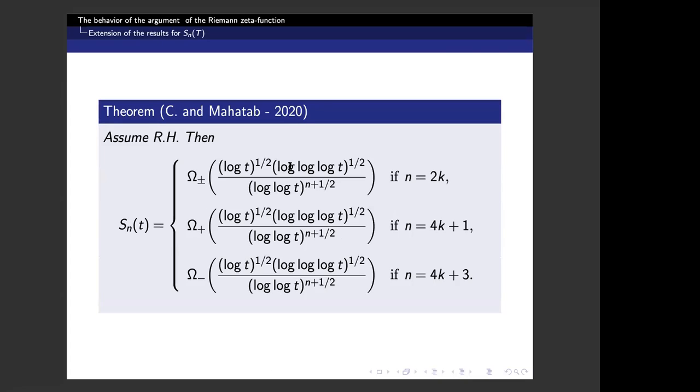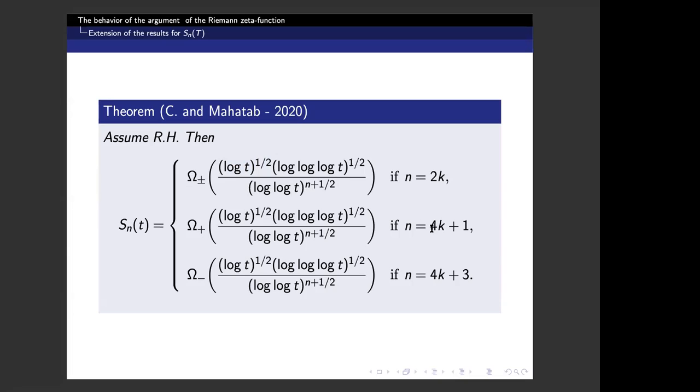And using this kernel that we obtained with Mahatat, we can extend our result for all S_n. So when n is even, you have that S_n is Omega plus-minus and has this behavior, but with this denominator, log t to the power (n plus 1) over 2.